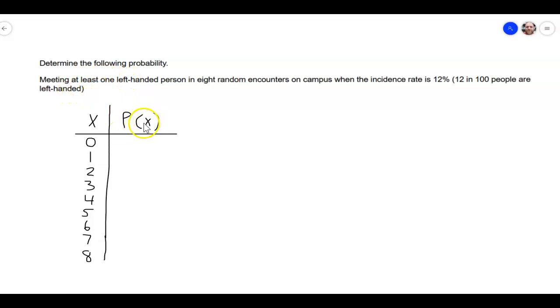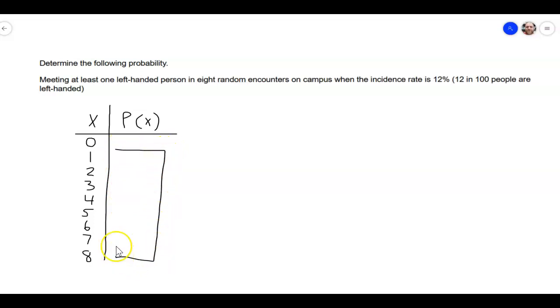The P of X shows the probability of each one of these. And the question says, what's the probability of meeting at least one left-handed person? So they want us to take the probability of meeting 1, 2, 3, and add all of those up, everything except for 0.